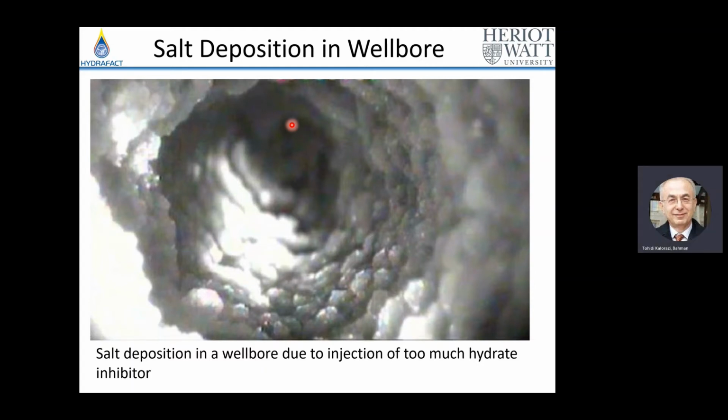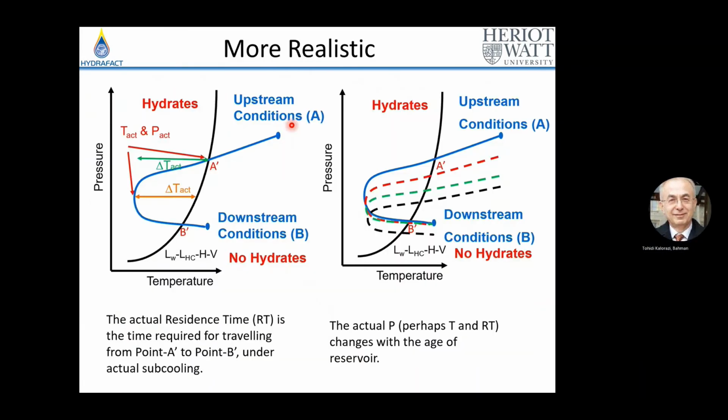You can dissolve up to 20–25% NaCl in water, depending on the temperature. But you can dissolve 100% methanol in water. So if you overdose methanol, it will result in salt deposition.